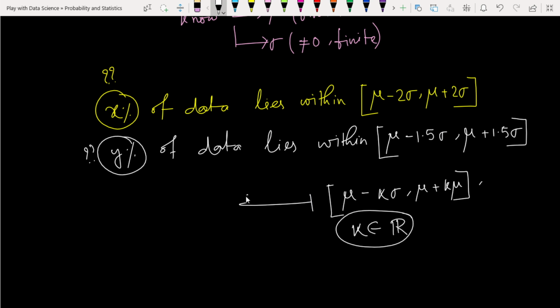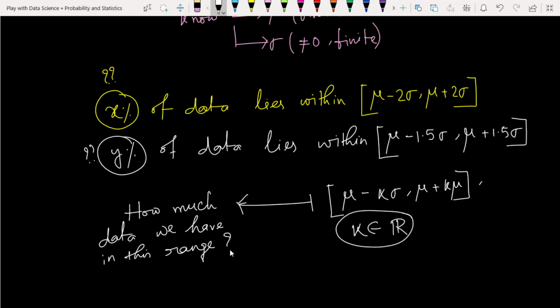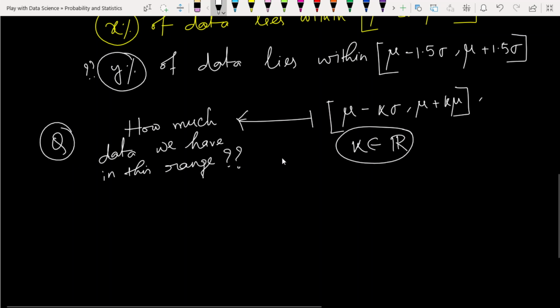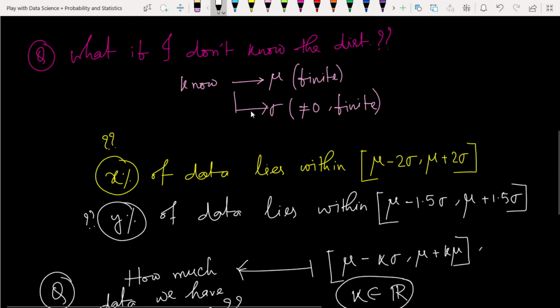Then the question is: how much data do we have in this range? Can we give the answer from this data set only, where we somehow know the mean and standard deviation? Can we give the answer?